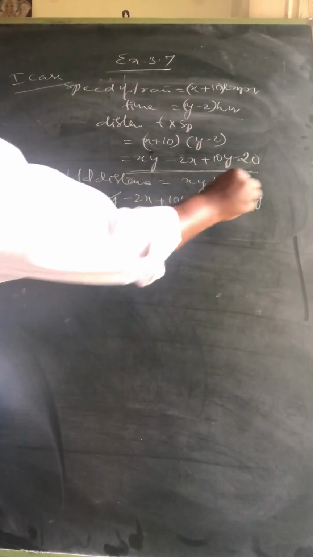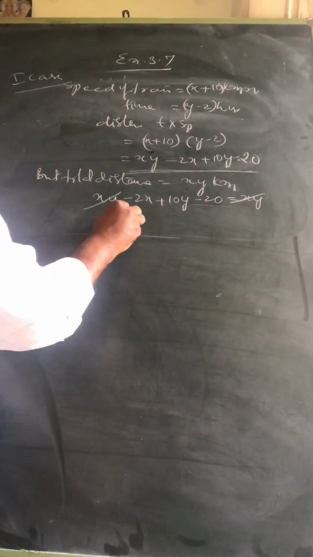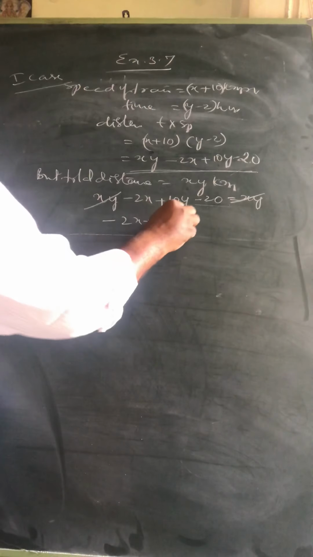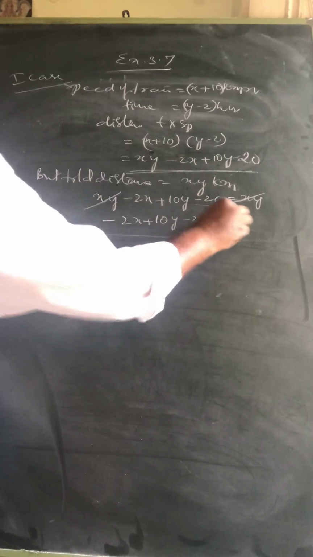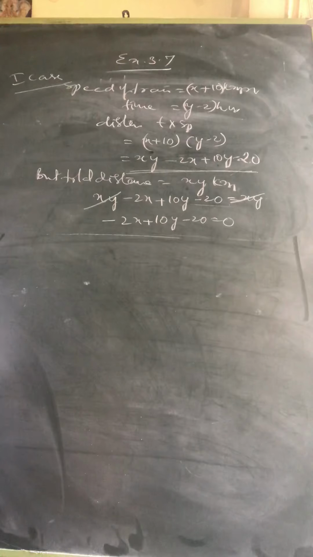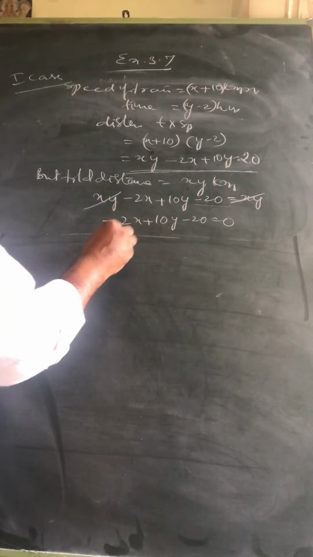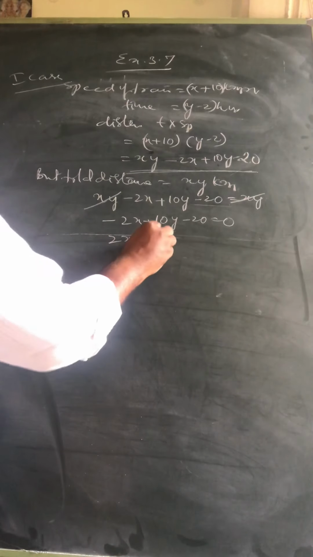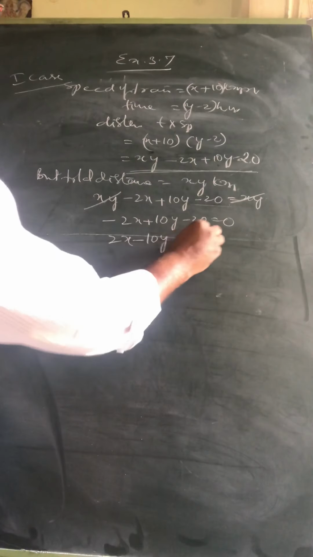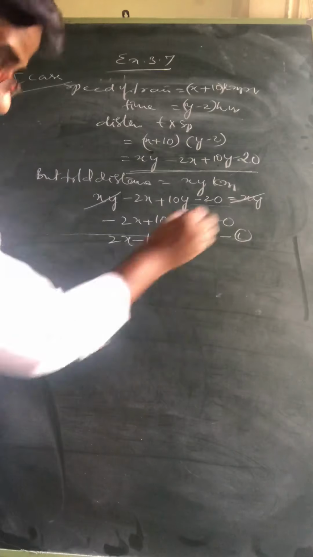Here xy cancels, so minus 2x plus 10y minus 20 is equal to 0. Take the variables to the other side to make x positive. Then 2x minus 10y is equal to minus 20. It is the first equation.